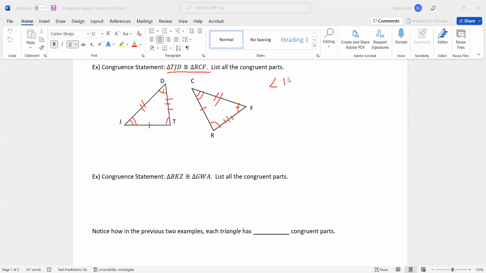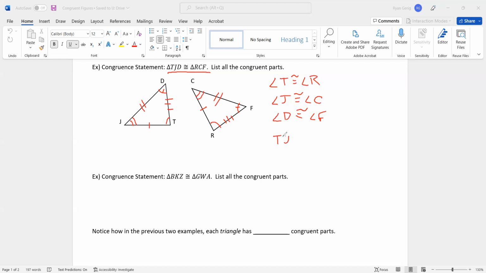Angle T is congruent to angle R. Angle J is congruent to angle C. Angle D is congruent to angle F. There's 3. Now you have to list the sides as well.